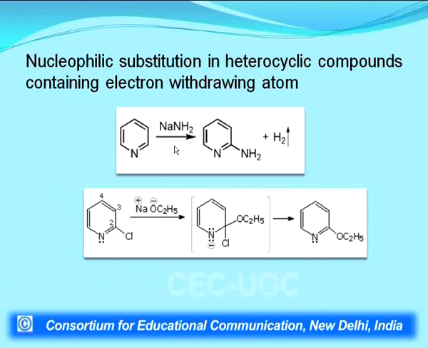So, we are not going into the details of these heterocyclic compounds, but this substantiates that if any group is there which is reducing the electron density on the ring, and second, if the intermediate formed by the attack of the nucleophile, that is a sigma complex with negative charge, is stabilized, then these nucleophilic substitution reactions do occur.